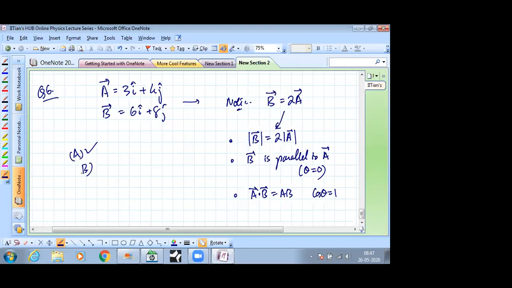So from that you can see that option A given is a correct option. Option B given is a correct option. Option C given is also a correct option because you can see that mod A is 5. But option D given will become the wrong option. So this is the one you have to mark. You can also see from this that magnitude of A is 5 and magnitude of B is 10.